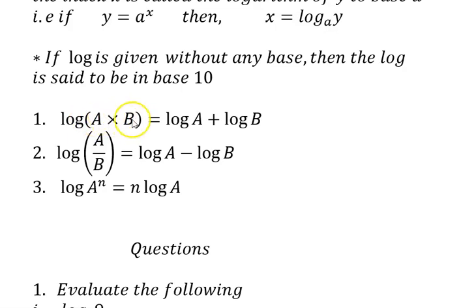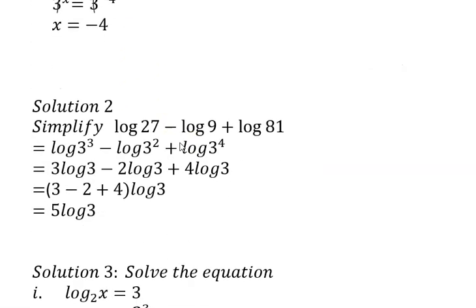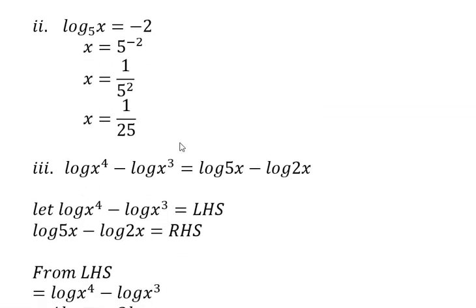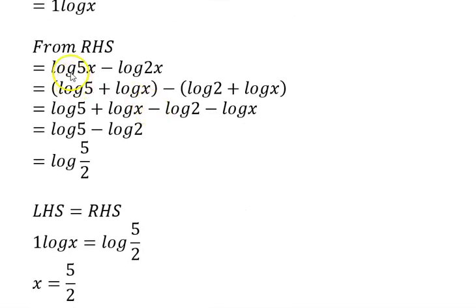If you have AB, it is still the same thing as A times B. So if you have log AB, it will give you log A plus log B. So also, if you have log A divided by B, it will give you log A minus log B. We are applying this law now to this question.